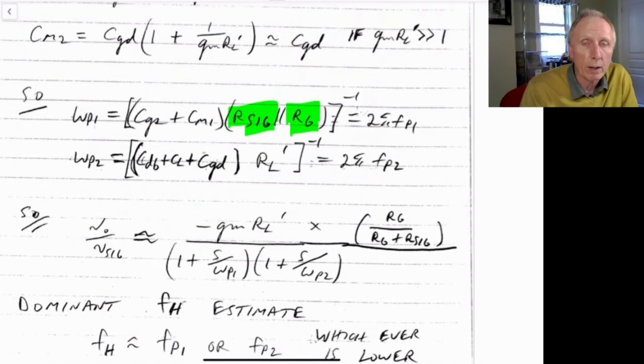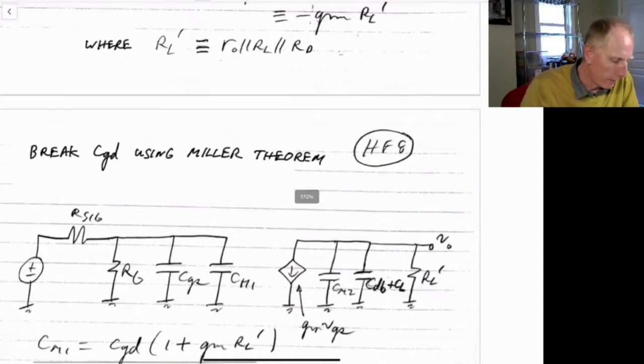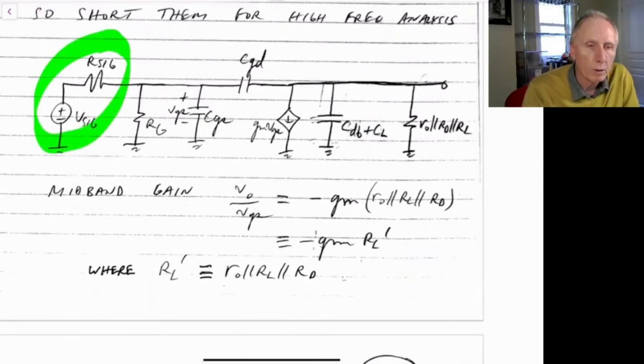Well, RG is generally a large resistor in order to set up biasing, but R signal you can make small. And our signal is basically just the output impedance of our previous stage here. So if we can somehow require that the previous output stage has a very low output resistance, then we can keep the pole due to this node to be small.